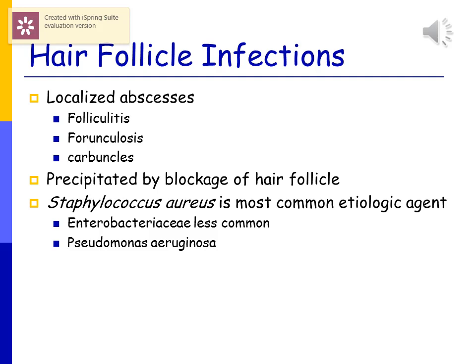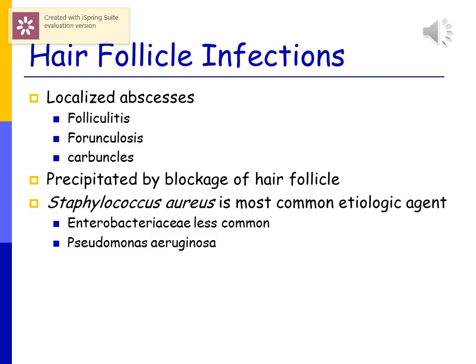Infection of the hair follicle is a localized abscess. It can be folliculitis, where just the follicle itself gets infected and inflamed. You can get a furuncle or a carbuncle, which are like boils. So what happens is you get bacteria that gets embedded and blocked into the hair follicle, which leads to a localized infection.